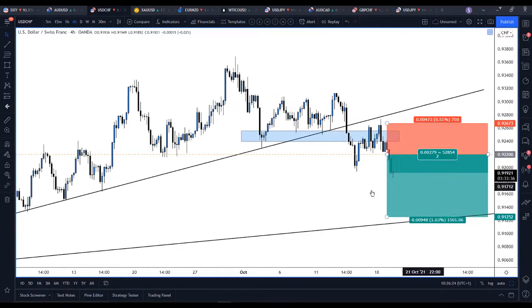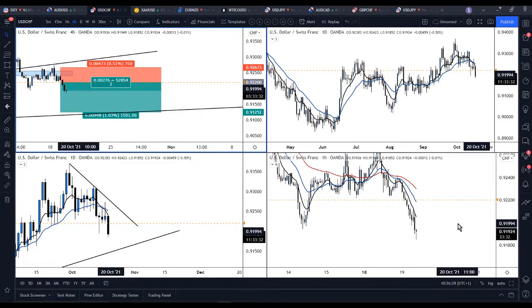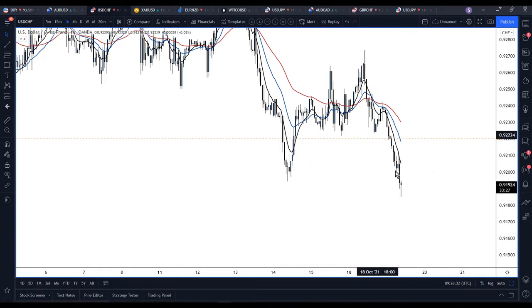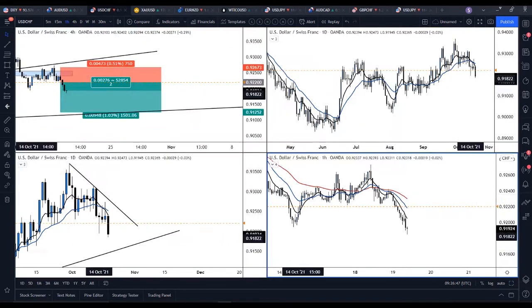But similar to the dollar index, we may see price pull back into a previous swing low and then look to go again. But we'll see what happens with this particular pair. We're in it, we've banked some money, we're at break even, so not too worried about that one at the moment.